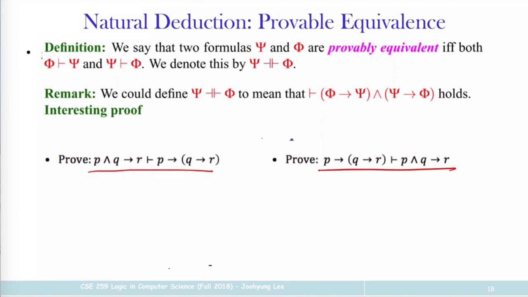In that case, we can say that these two formulas are provably equivalent. So they are actually just the same, they have the same meaning. So we are going to write this one to mean that this is true. Okay?